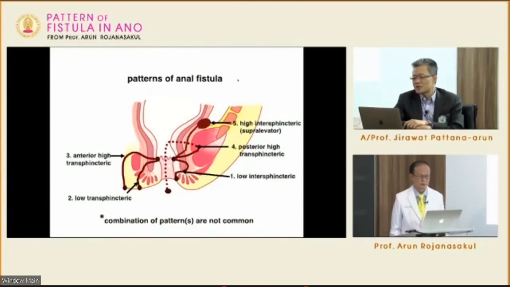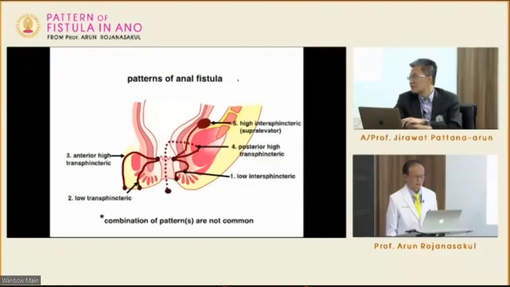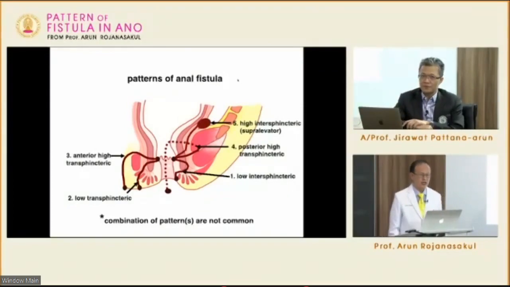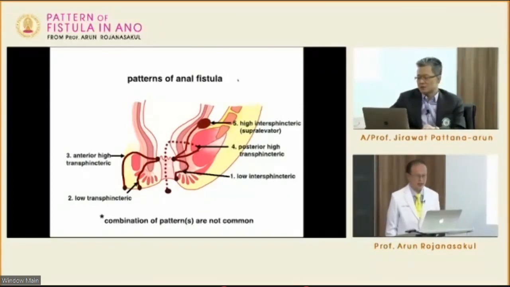The next question is from Dr. Thilanut, our friend from southern Thailand. She asked whether it means that in type 1, the external opening is located above the anal verge. No, I think nearly all fistulas have the internal opening at the dentate line, except the anterior fistula. In about 30% of anterior fistulas, the internal opening is located at the anoderm, not at the dentate line.